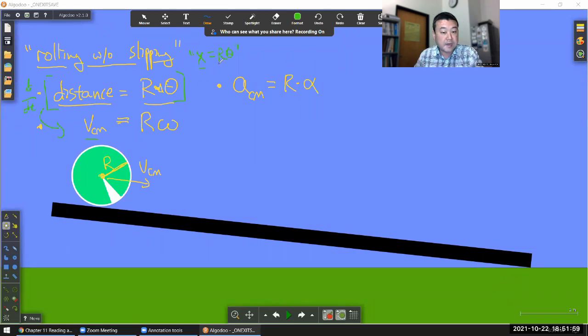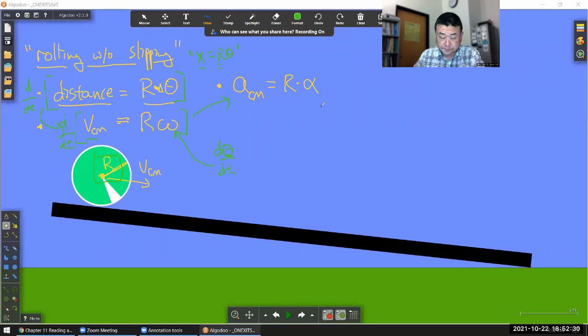On the right hand side, r is a constant parameter, and so it just passes through the derivative. The time derivative of the angular displacement is the angular velocity. And when you take the time derivative of this expression, that's what gets you to the next expression. Derivative of velocity is acceleration. Derivative of angular velocity is angular acceleration.